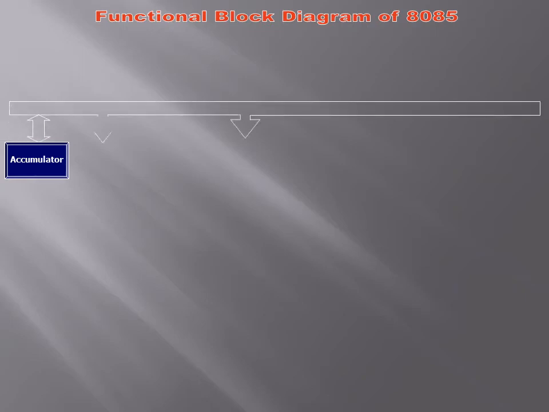So this accumulator needs to be connected to the internal bus structure of the chip. It is internally connected bidirectionally to the internal bus so that data can come and data can leave from here.